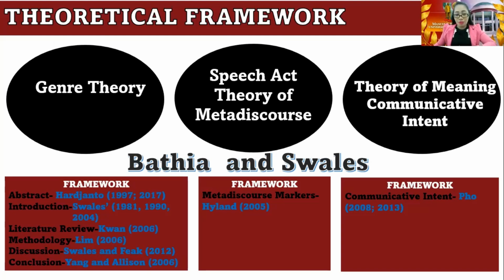Move two, describing research procedure: step one, presenting the data; step two, describing the methods. Then we have move three, summarizing principal results. And move four, evaluating results, with step one, drawing conclusions; step two, comparing results; and step three, indicating discussions.